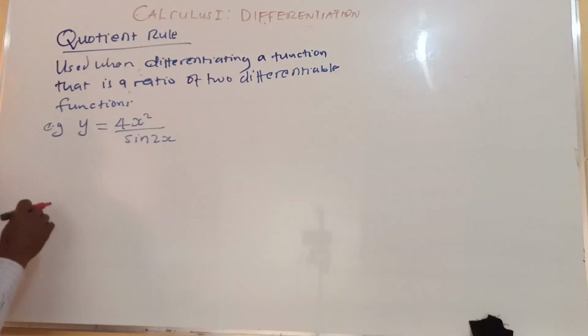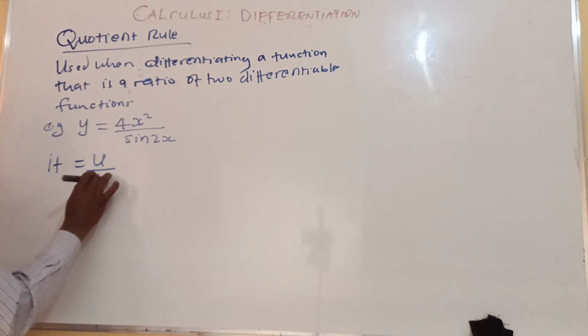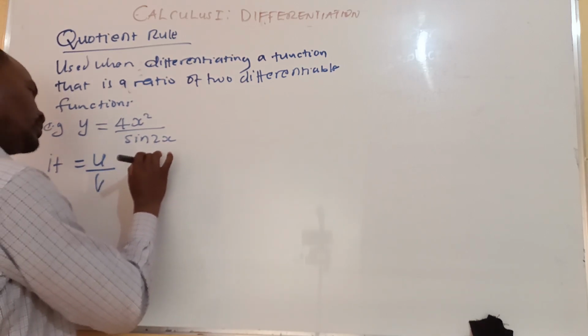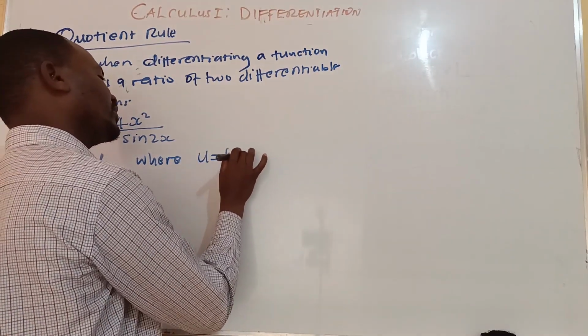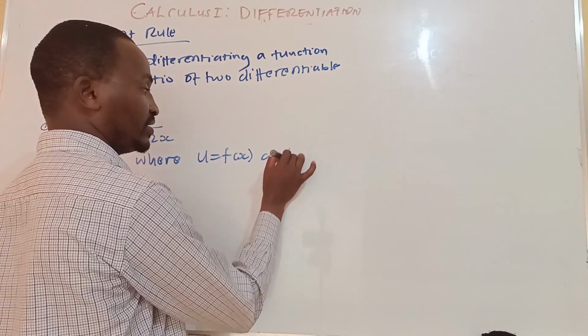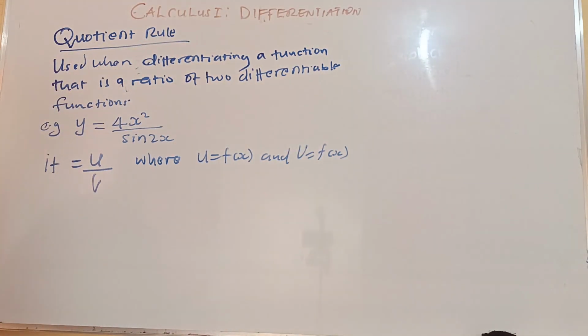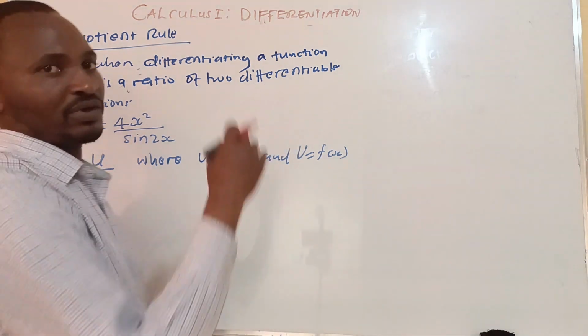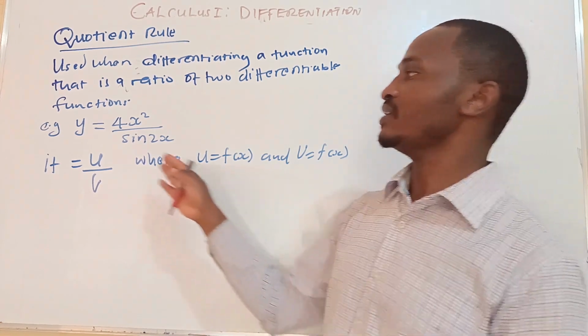Now, how do you go about this? If y is equal to u over v, where u is a function of x and v is another function of x. It doesn't always have to be variable x, but x is the most common in mathematics, so that's why we regularly use variable x and variable y.